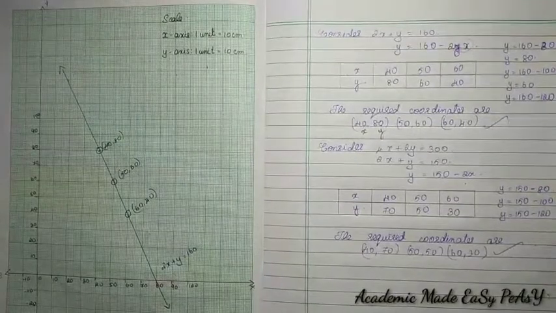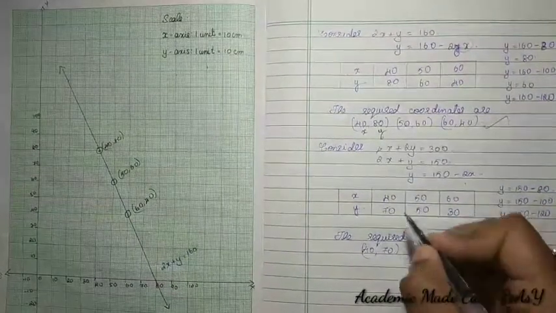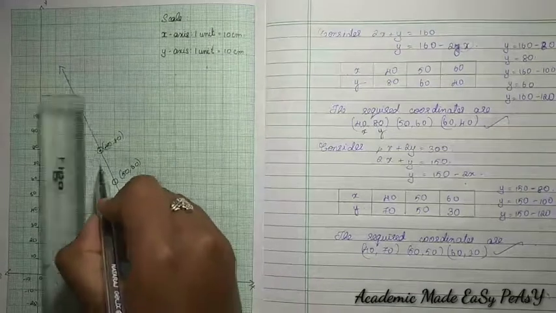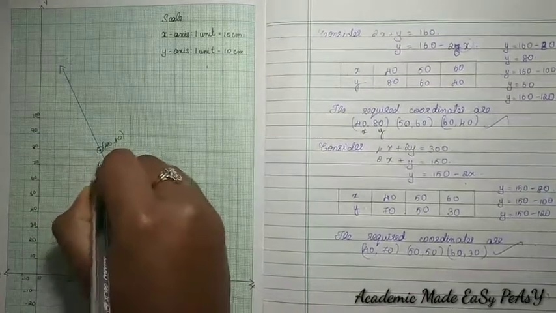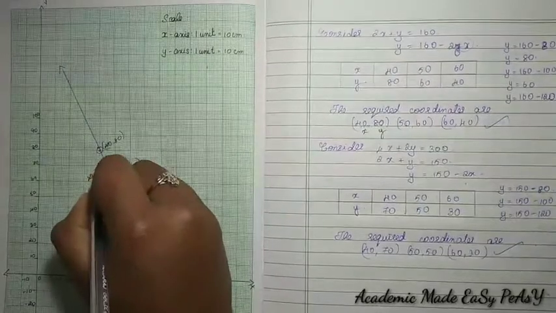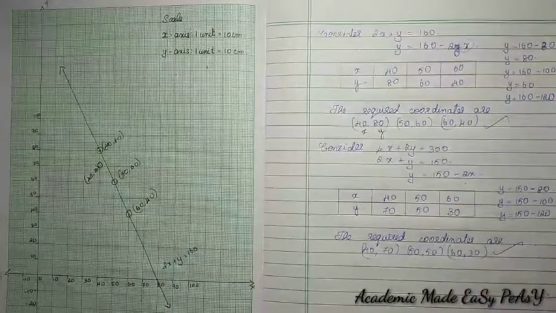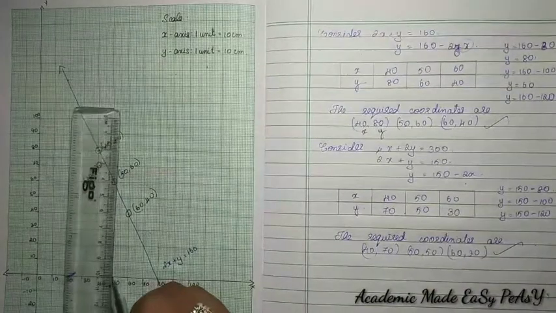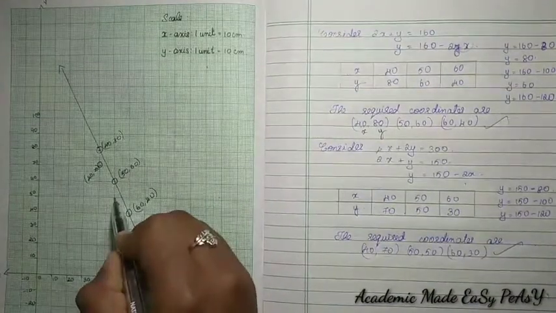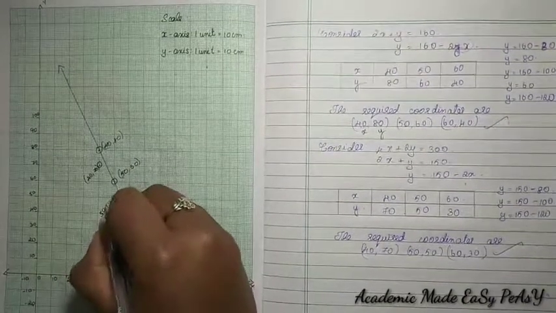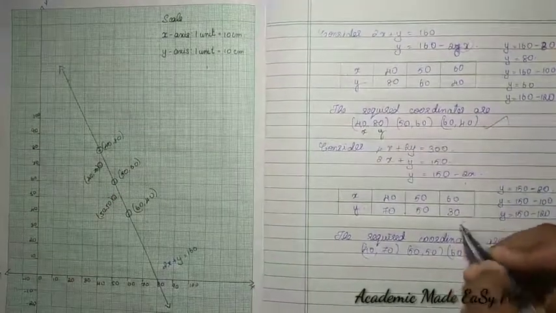Okay, now let me mark these points. 40, 70. Over here I will be marking 40, 70. Next it is 50, 50. No? So 50 is over here and 50 here. So this will be 50, 50. Next it is 60, 30.